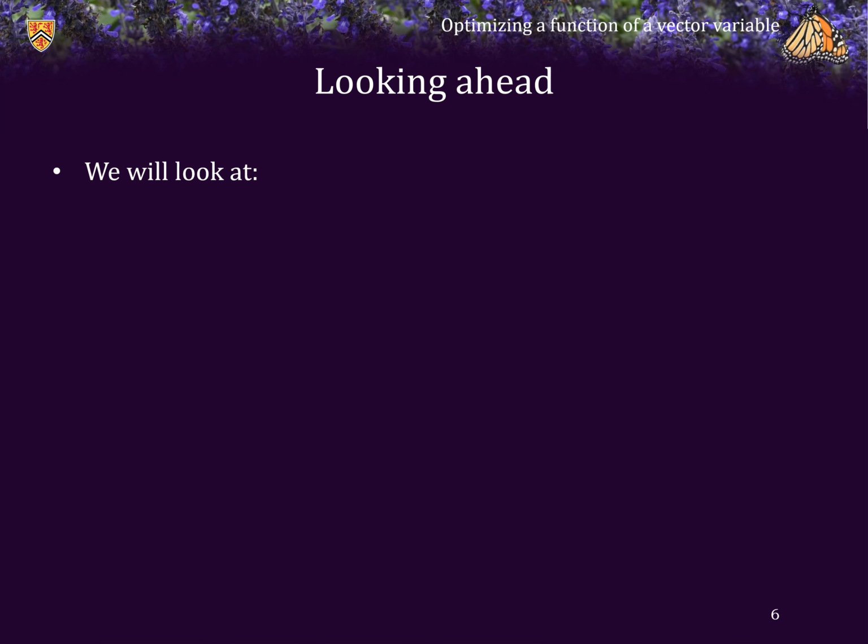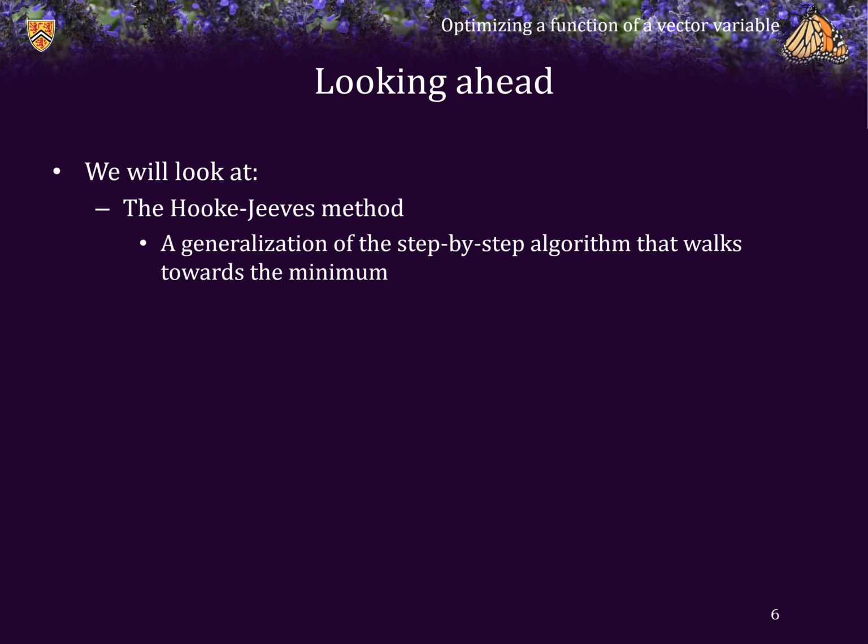So in this topic, we're going to look at algorithms that try to find local minima for functions of a vector variable. We're going to start by looking at the Hooke-Jeeves method. Now, this is a generalization of the step-by-step algorithm that we discussed before that walks towards the minimum.